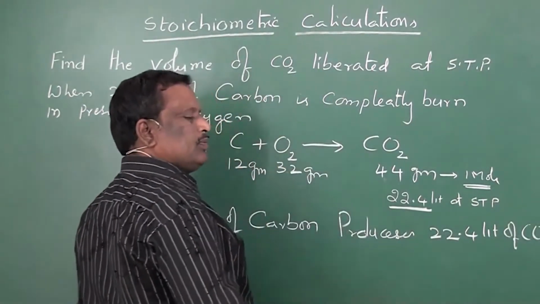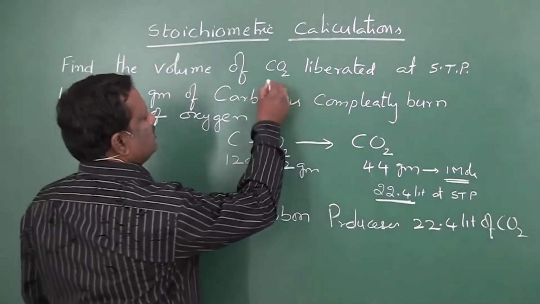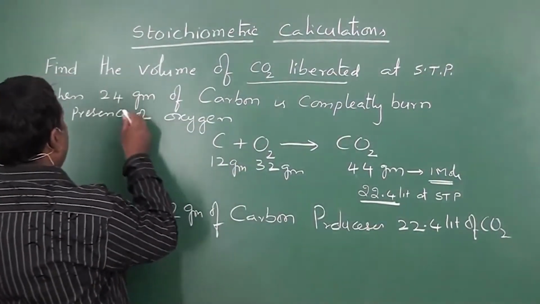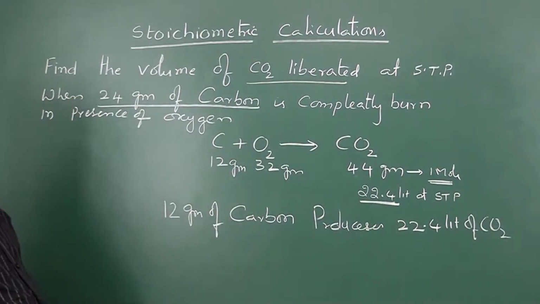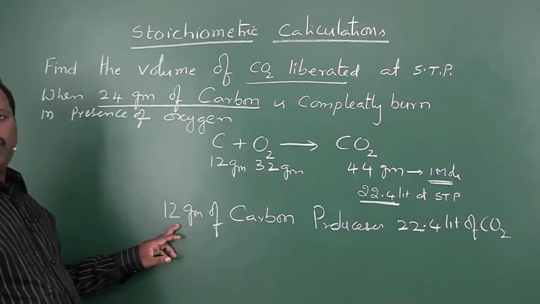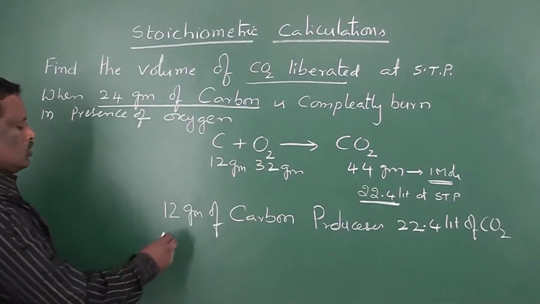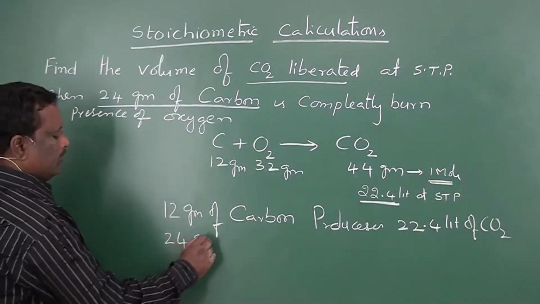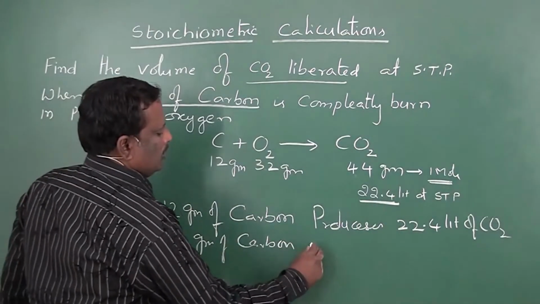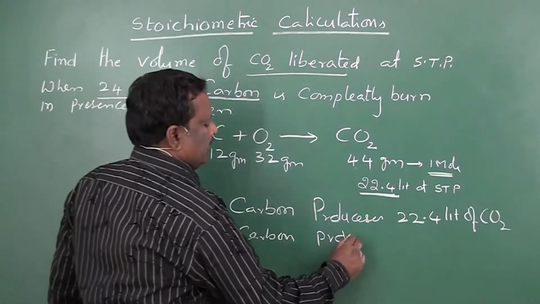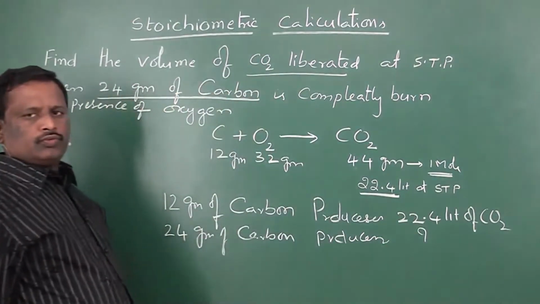Now they are asking the amount of CO2 that was liberated when 24 grams of carbon was completely burned. So from 12 grams of carbon, 22.4 liters of CO2 is liberated. Then 24 grams of carbon produces how many liters of CO2?